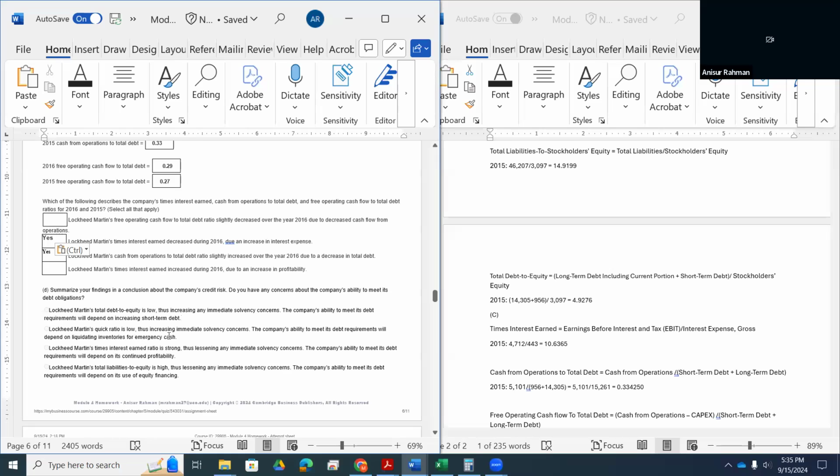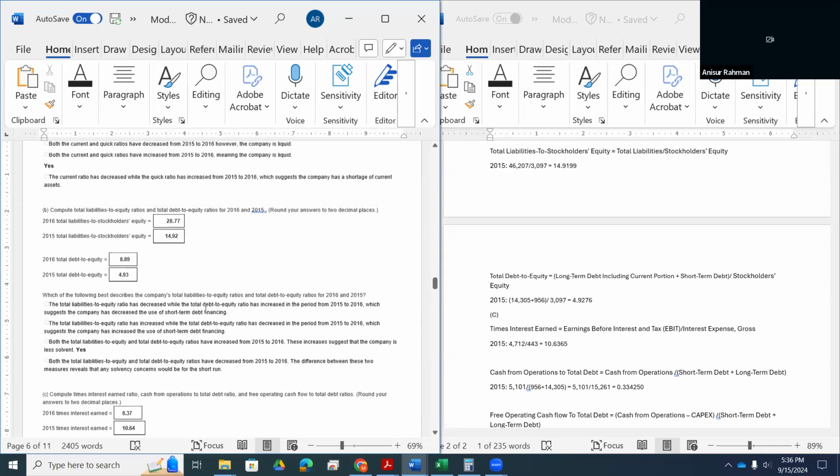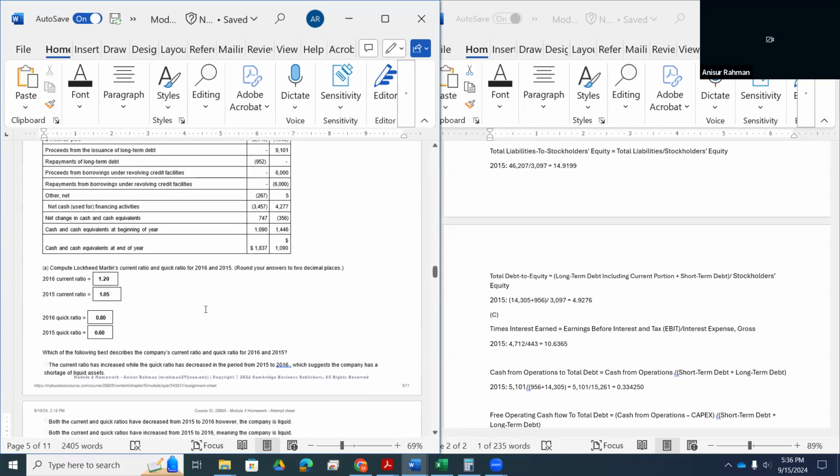Lockheed Martin's quick ratio is low, thus increasing immediate solvency concern. The company's ability to meet its debt requirements will depend on liquidating inventories for emergency cash. Quick ratio is low. Let's see. Now, quick ratio, we don't have an exact benchmark to compare.